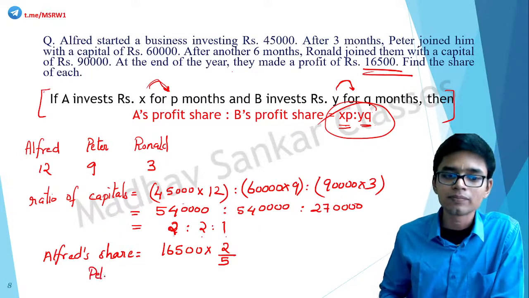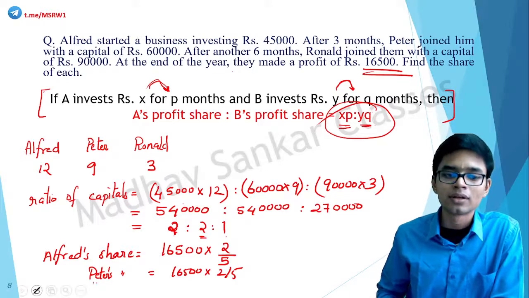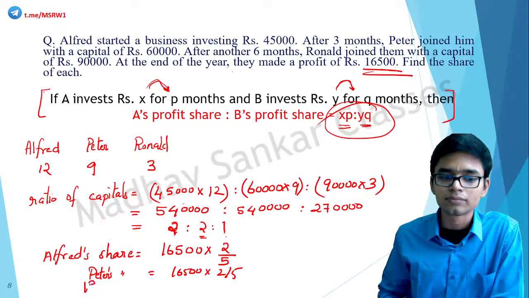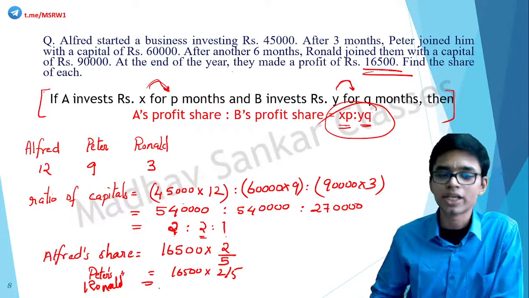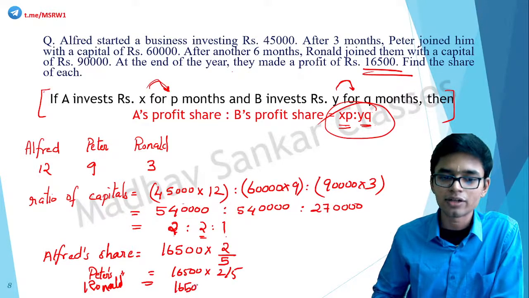Peter, what is Peter's share? 16,500 into, again, 2 by 5. Peter also got 2 parts. Ronald. Ronald's share is what? 16,500 into only 1 part. So 1 by 5.